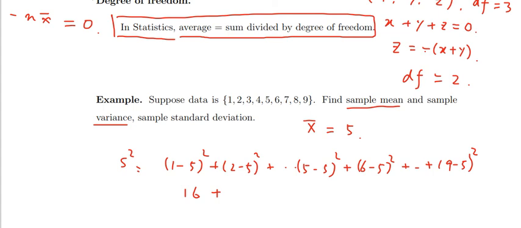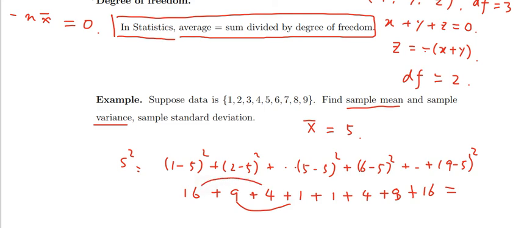This is 3 squared, 9. 2 squared, 4. 1 squared, 1. 0 squared, 0. And then again 1, 2 squared, 3 squared, 4 squared: 9, 16, right? So we find 10, 20, 30. Here's another 30, so 60, right?